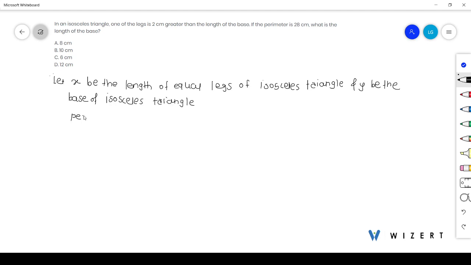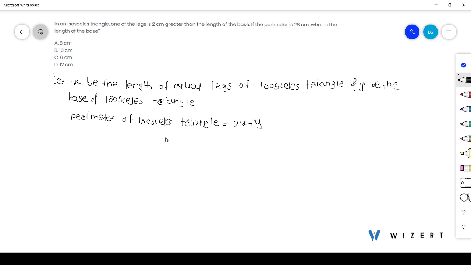So perimeter of isosceles triangle is given by 2 legs are there, that is 2x plus y. Isosceles triangle is the triangle with 2 sides equal.